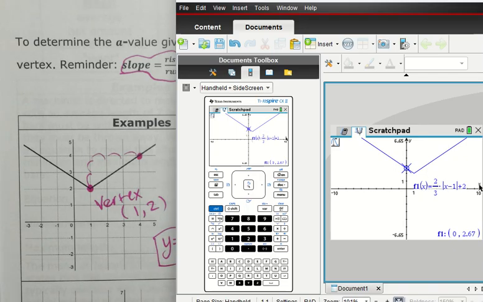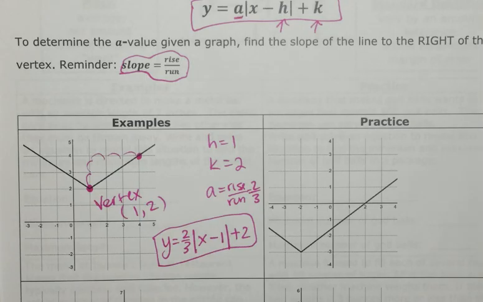It has a y-intercept that is around 2.67, between 2 and 3. Then you can trace to the minimum, which is 1, 2, which confirms the vertex 1, 2. Then I can keep going to the right, or just type values to get points. Notice that at 4, 4, there is an exact point, and that 4, 4 is the point that we have right there. So this confirms that the equation we created matches that graph.